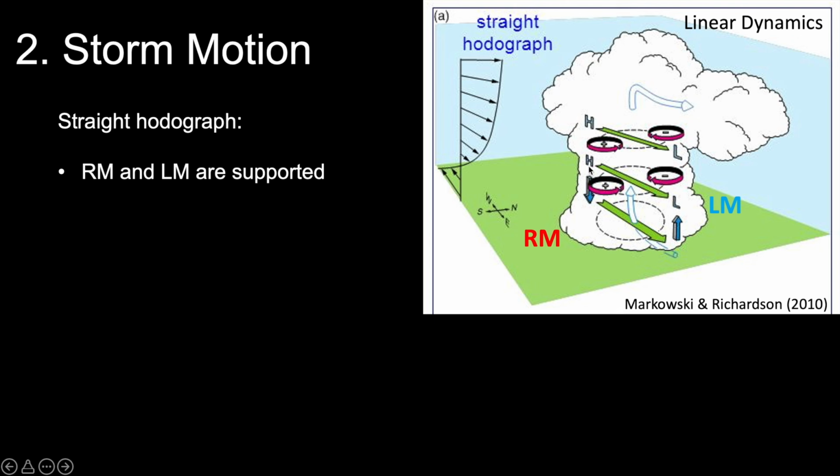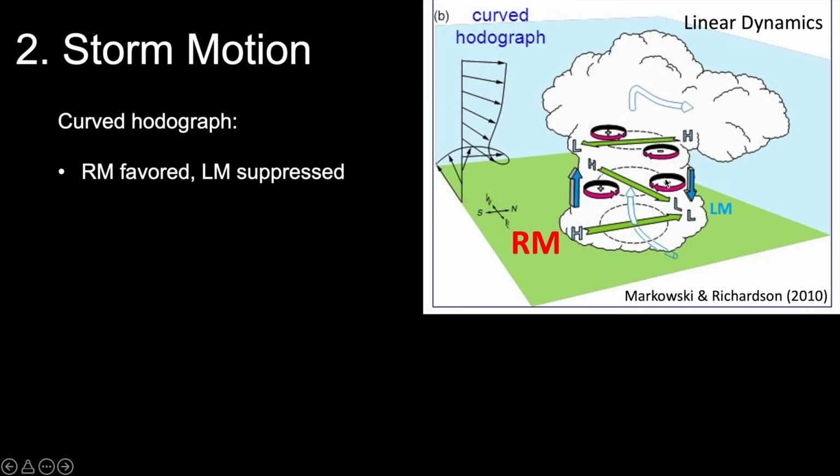And you can see that the sinking motion and the rising motion, neither of these are actually co-located with this cyclone and this anticyclone. But when we have a curved hodograph, we actually do get that co-location.